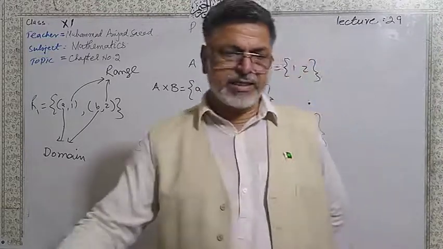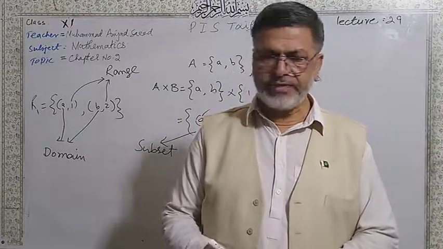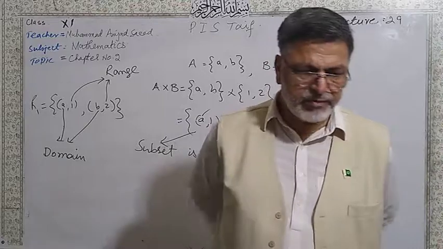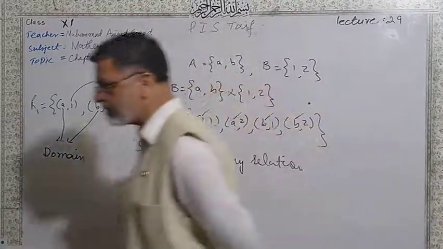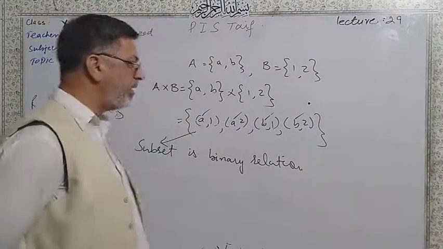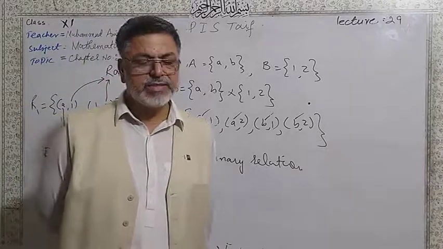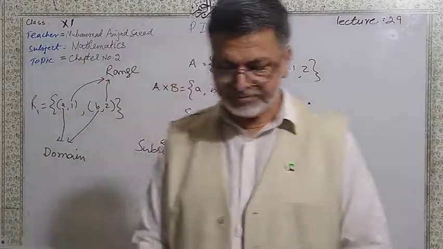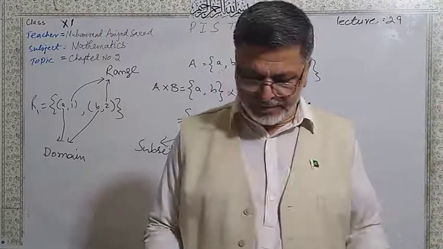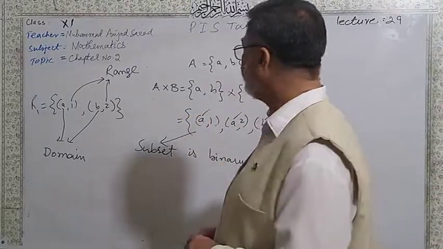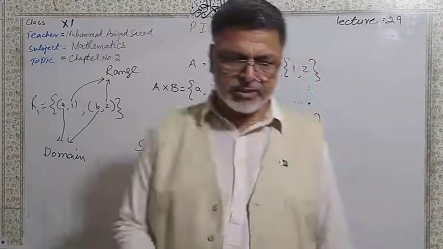A function is a correspondence between two sets in such a way that for every element of A there is one and only one unique image in B. Different relations will have different types of functions. We have into function, onto function, one-to-one function.